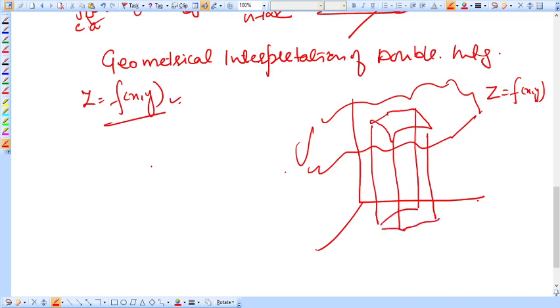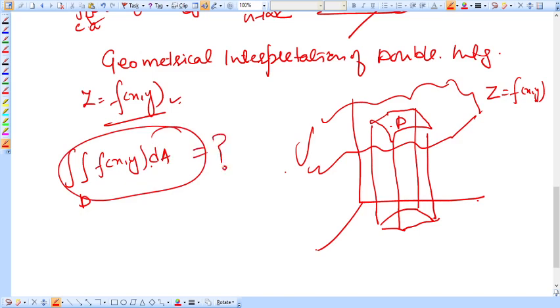So this is your region D. If you see this function, we want to see what is the interpretation of double integration. What does this mean, right?